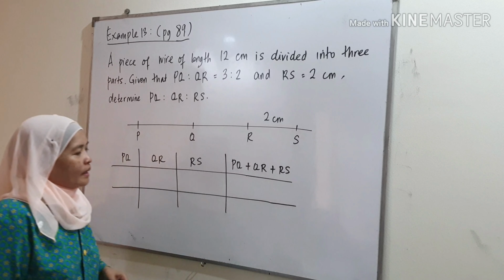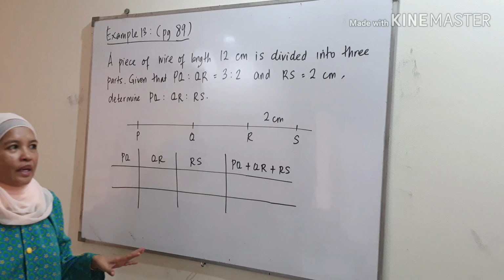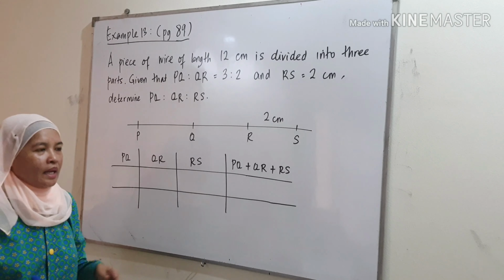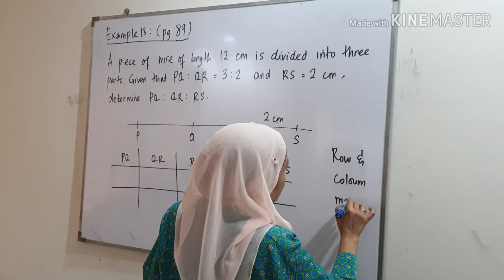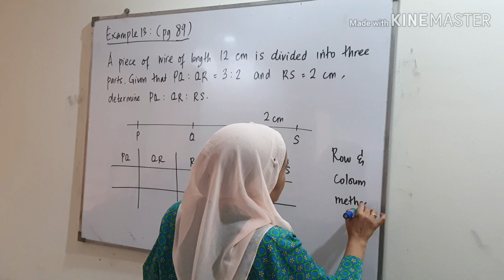So we use a row and column method, yeah?